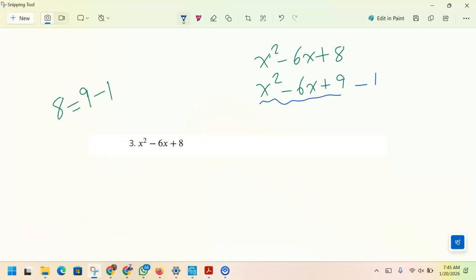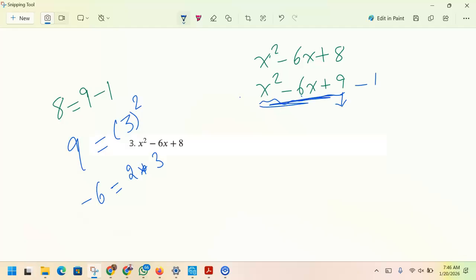The first three terms, you can clearly see 9 is the square of 3. And the middle number, the negative 6 that you see, is double of 3. It is 2 times the 3. So that means this piece is a perfect square.